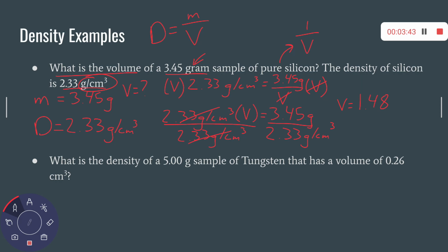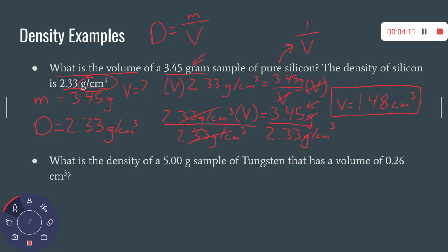We need to think about what our units would be. Now you can just think about what a unit of volume would be, and then you would end up with centimeters cubed, and you would be correct. And that is our answer. But if you really want to think about letting the units be your guide, look at the algebra that we've done here. My units of grams cancel out because 1 is in the numerator and 1 is in the denominator.